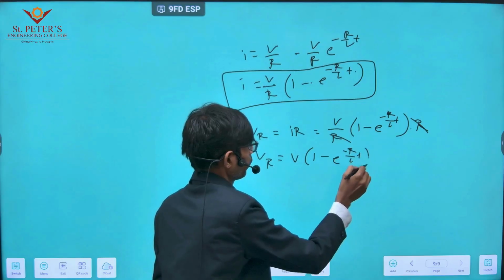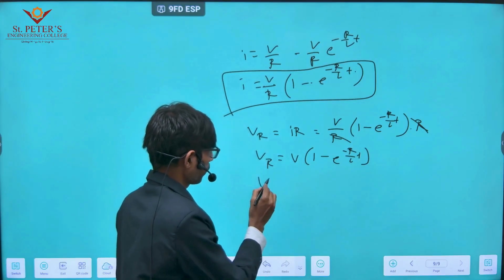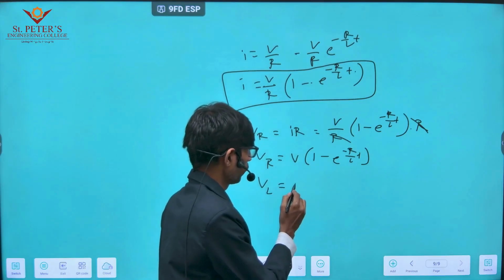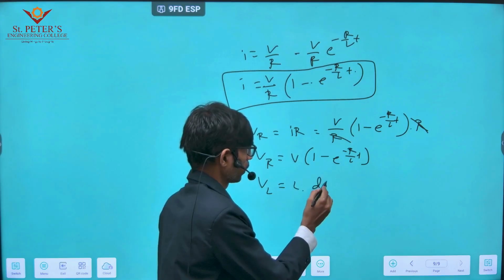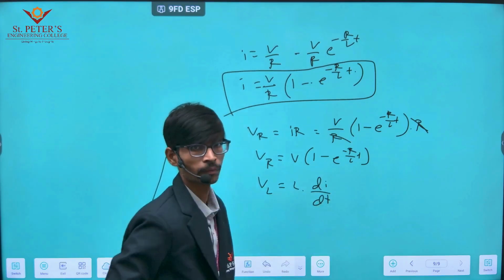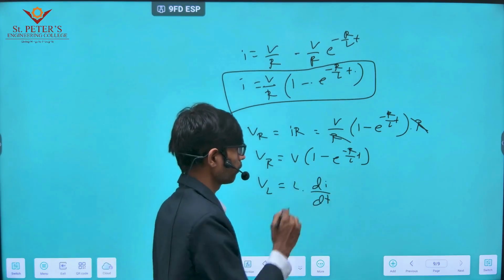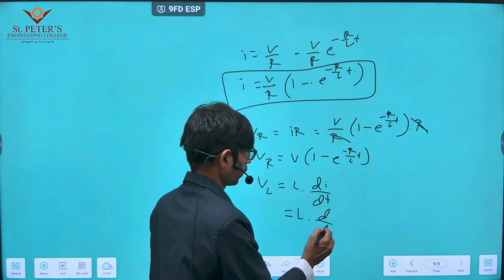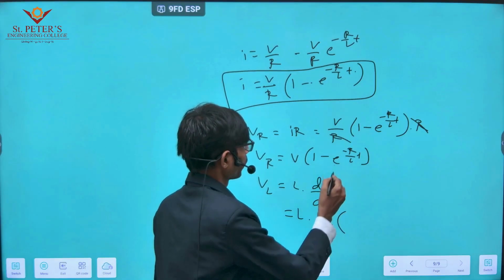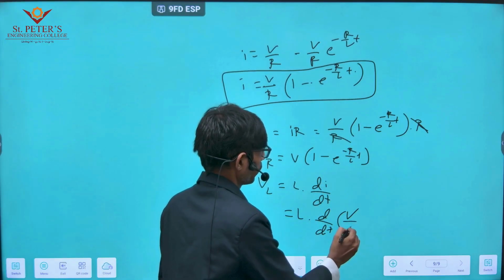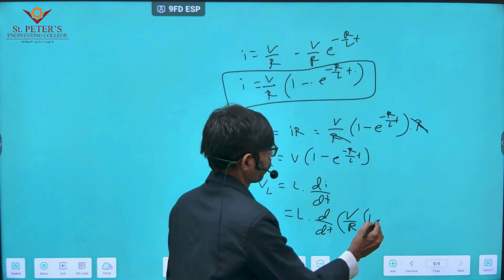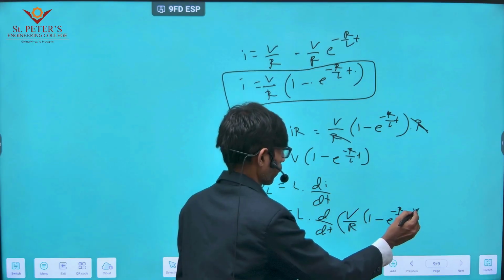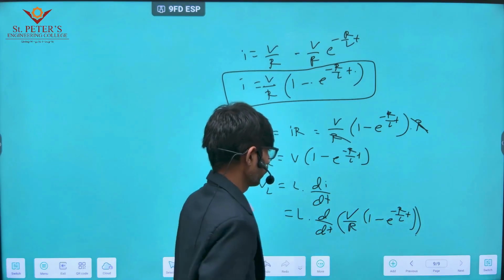In the same way, we calculate the voltage across the inductor, VL equal to L dI by dt. Substitute the I value in the differential equation. So we get L into d by dt of I, where I means V by R of 1 minus e to the power of minus R by L t.